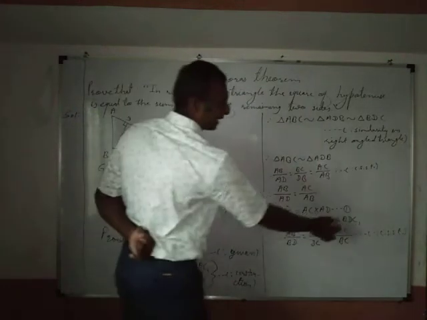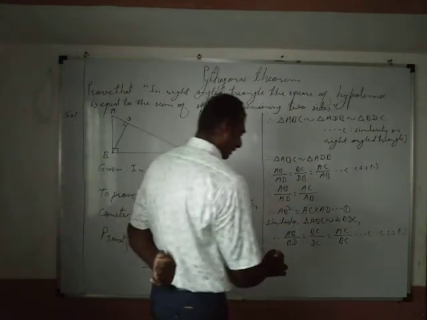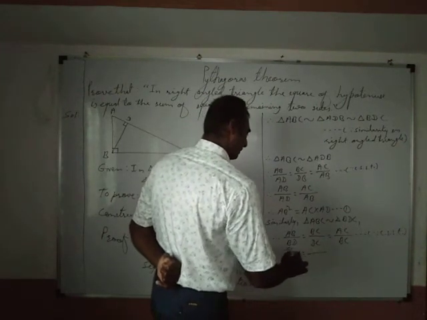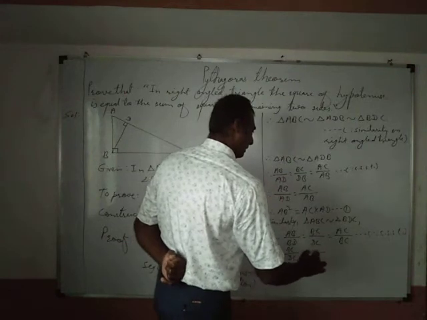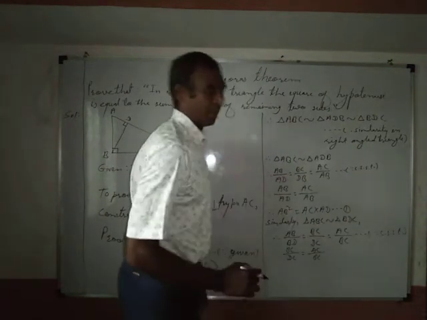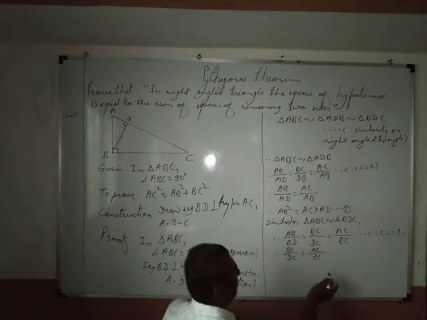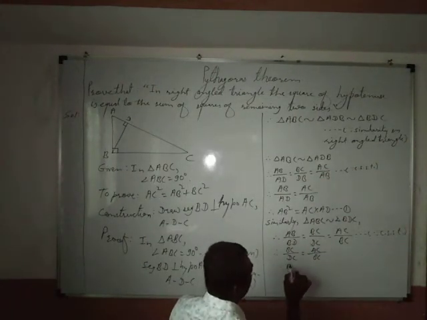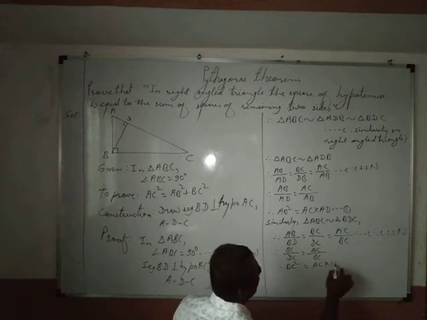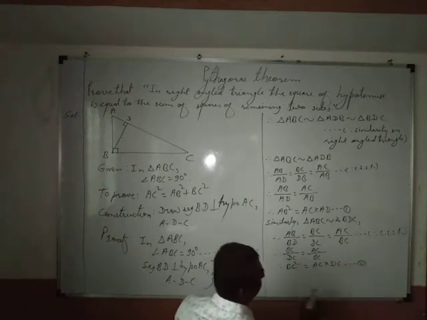Now select the second and third ratio, and therefore BC upon DC equals AC upon BC. By cross multiplication, BC into BC gives us BC square equals AC into DC, equation second.